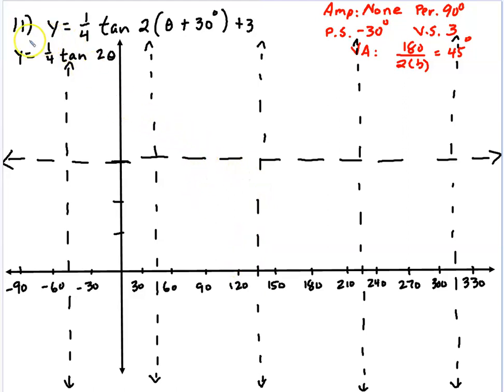So I'm going to do the graph of this, and I'll just use black. And so 90 would be right there. Or if you want to move these numbers up, that's fine too, but I'll just keep them down there. Okay, so you see where I got 90, and then you would find the midpoint between these two verticals.